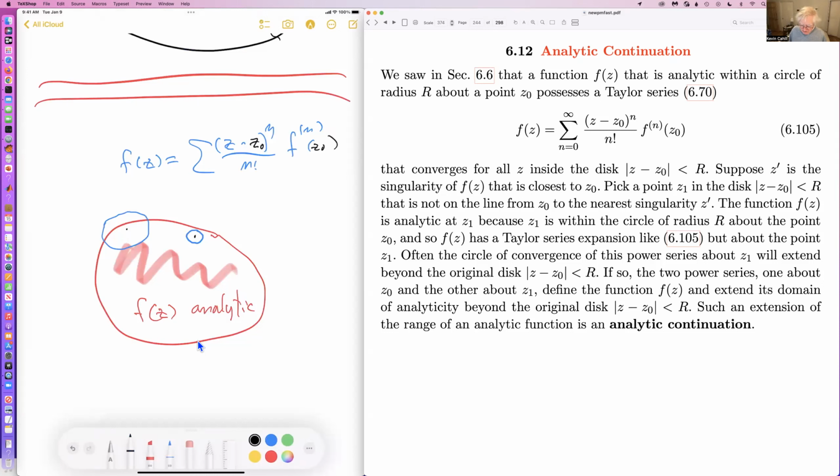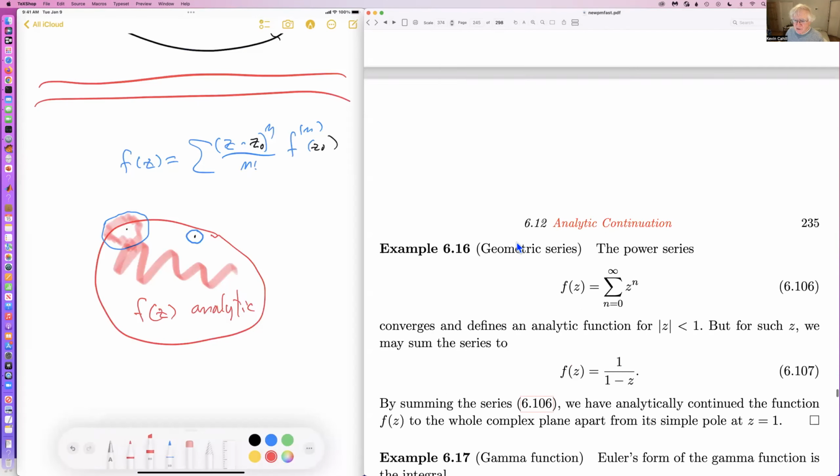And so this will now extend the region of analyticity, and we'll be able to get out to here. That's basically what it is.